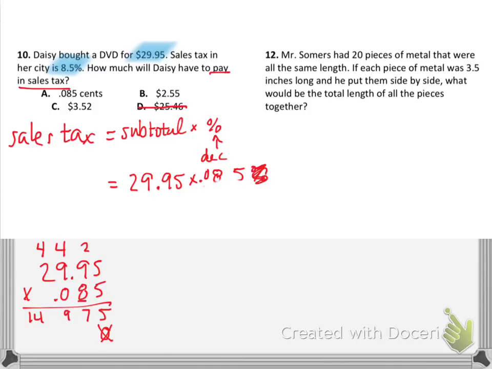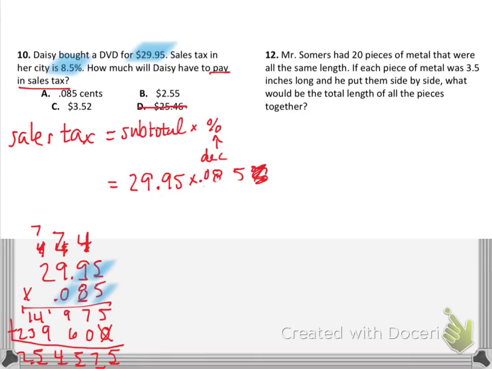So we already did 5, so now we're working with 8. 8 times 5 is 40. 8 times 9 is 72, plus 2 is 76. 8 times 9 plus 7 is 79. 8 times 2 is 16, plus 7 is 23. I add them together, 5, 7, 5, 14, 5, 2, and I have 1, 2, 3, 4, 5 decimal places, so that's how many I need to have in my answer.